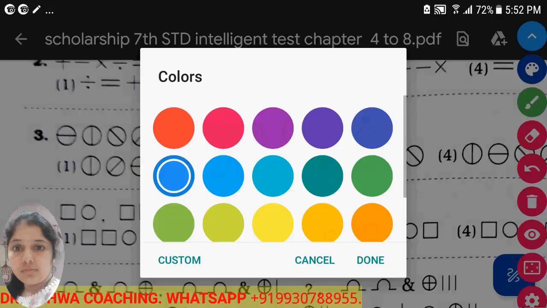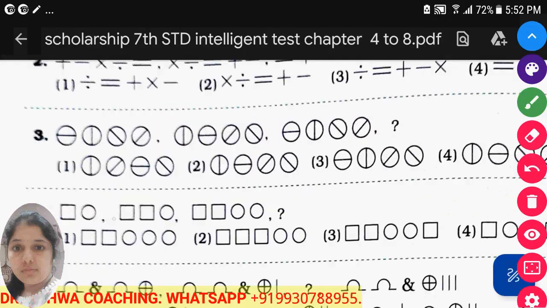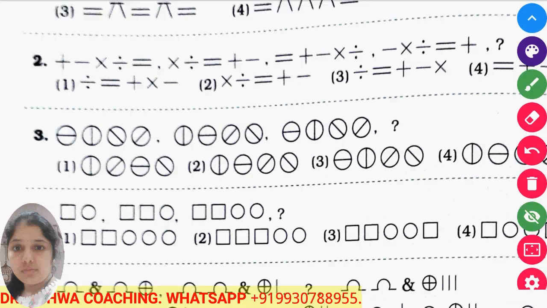Now when we move to the next one, again if you look carefully, a ball is there in which a horizontal line is there, then a vertical line, then two slanting lines meeting each other at the downside, or you can say upside downside, whatever you want to say.